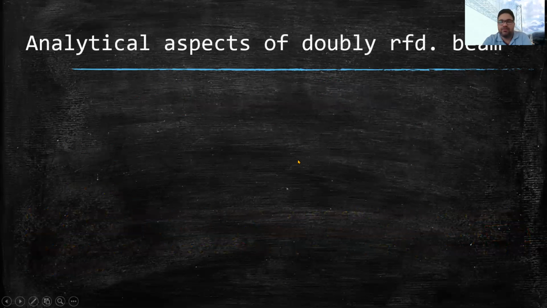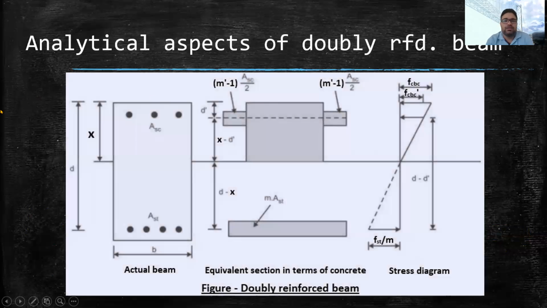Now we will start the new topic, which is analytical aspects of doubly reinforced beam. First we will try to understand using the figure. In this figure, you can see this is the actual doubly reinforced beam. Steel is provided in the compression zone, and we call this area of steel in compression ASC.